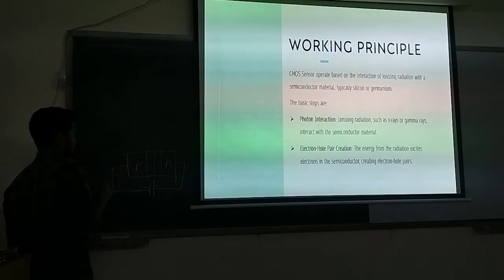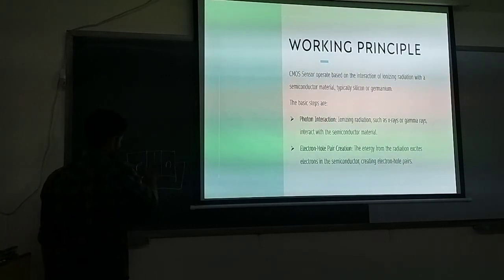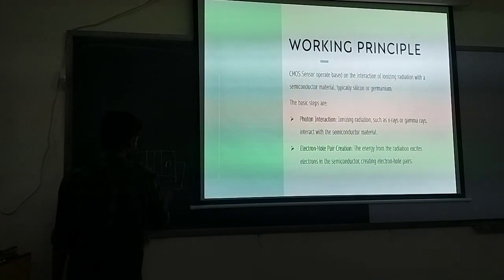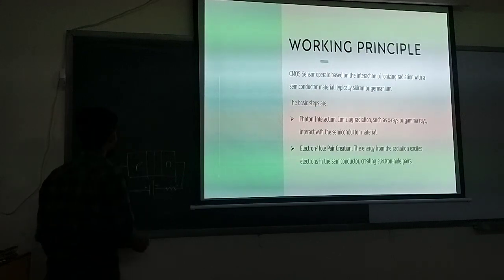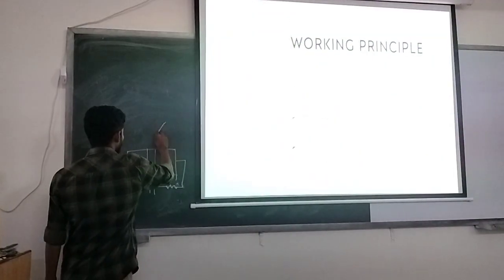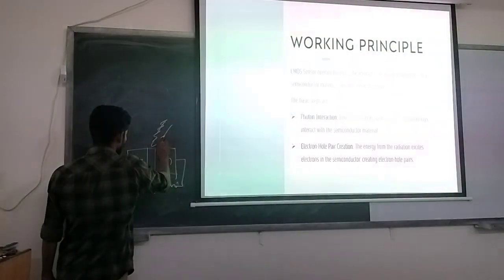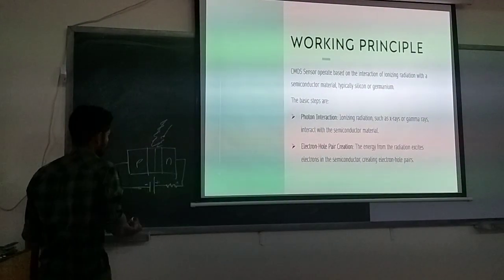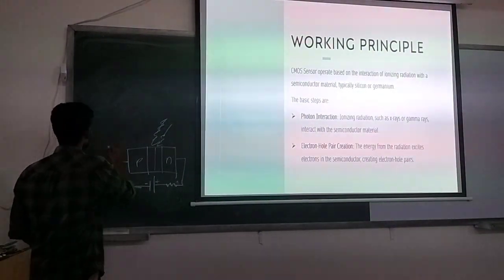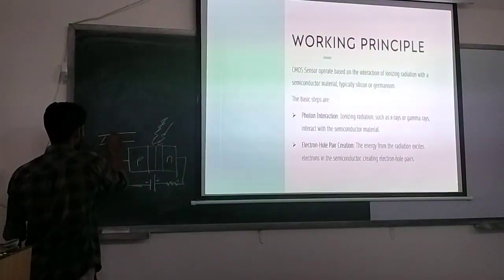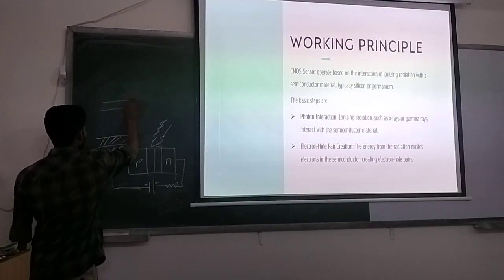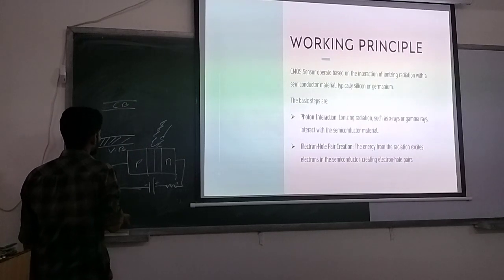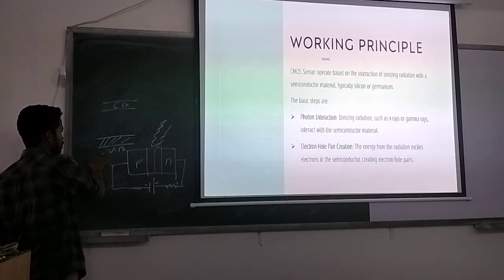In the depletion layer, in the reverse bias condition, there is no flow of current in the external circuit. When ionization is incident on the depletion layer, we know this is the valence band and this is the conduction band.